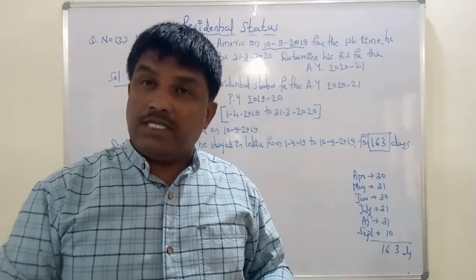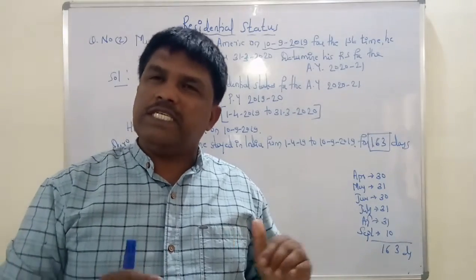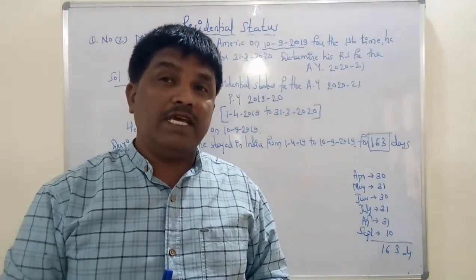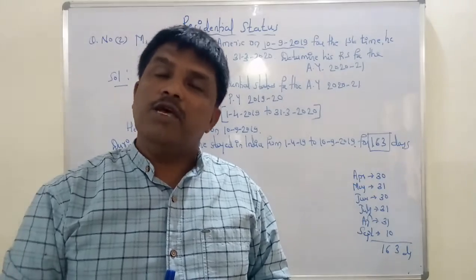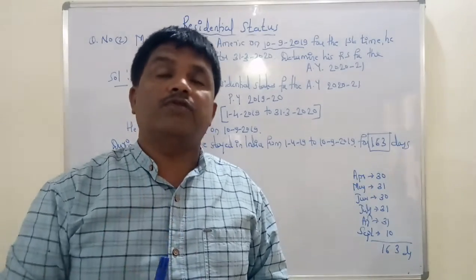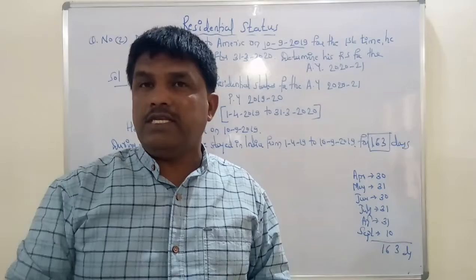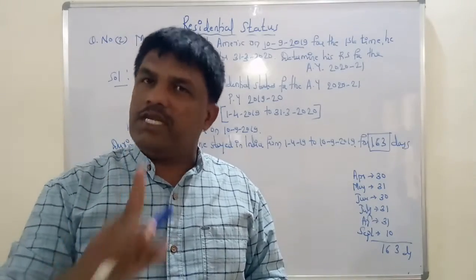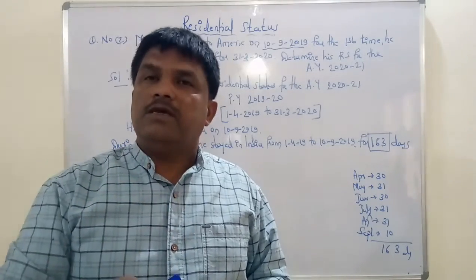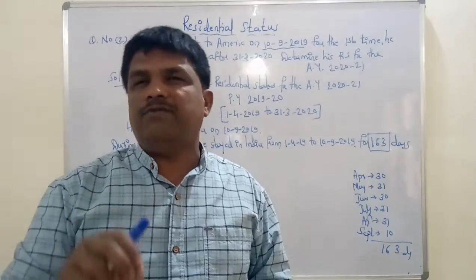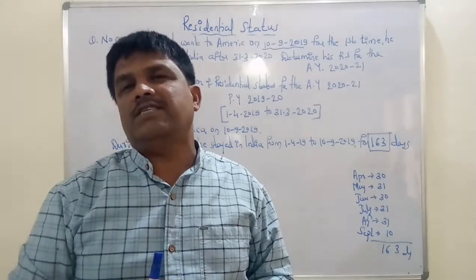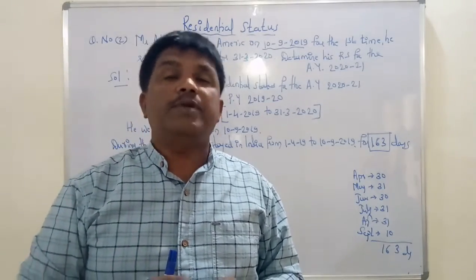As he does not satisfy the first basic condition, we must go through the second basic condition. So what does the second basic condition say? According to the second basic condition, during the previous year he must stay in India for 60 days. In addition to this, he must stay in India for 365 days during 4 previous years immediately preceding the previous year.